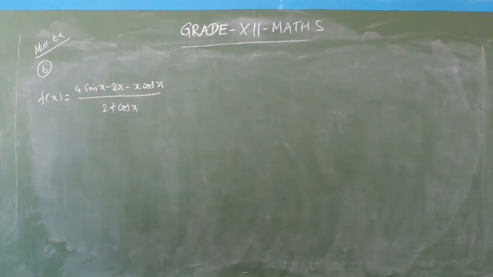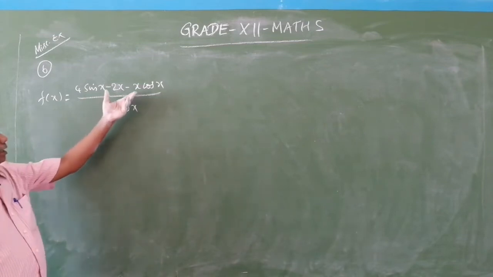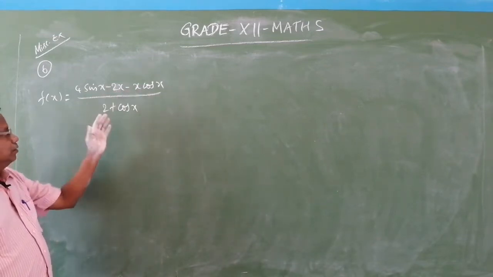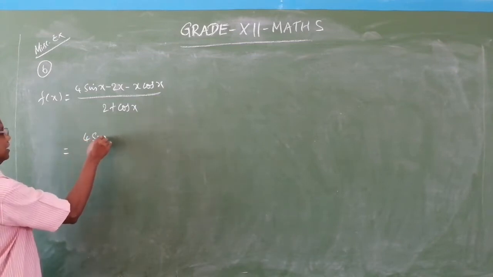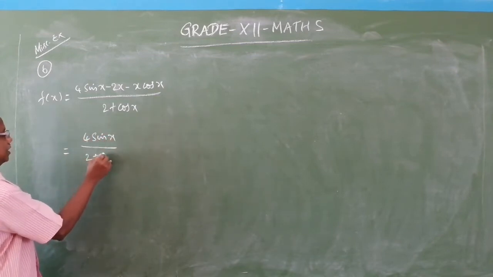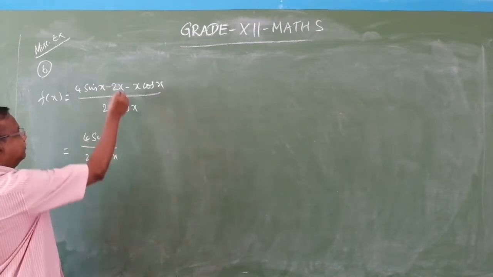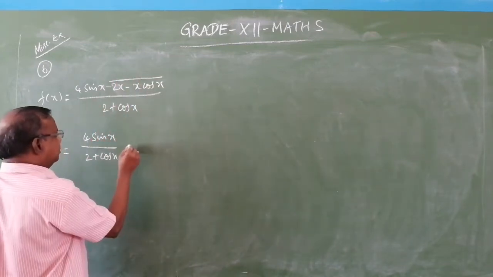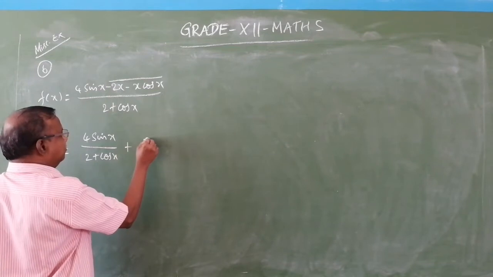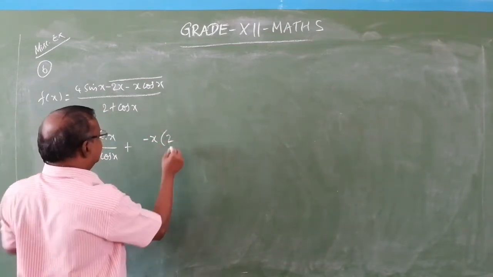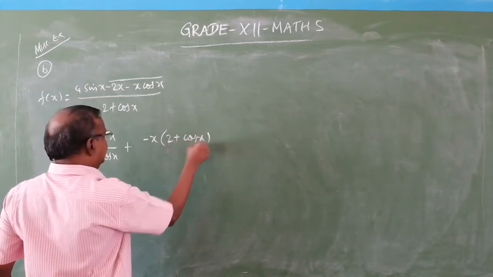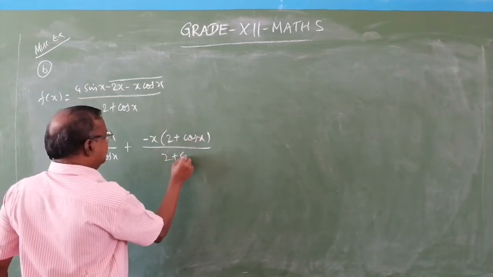Now this is a difficult one, so we can simplify this. This can be written as 4 sin x divided by 2 plus cos x, here we can take minus x as common, so plus of minus x into 2 plus cos x divided by 2 plus cos x.